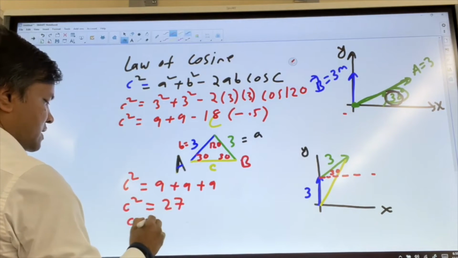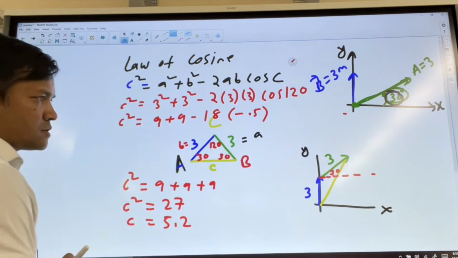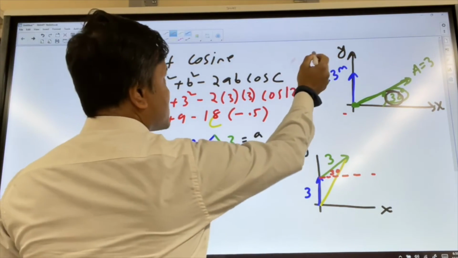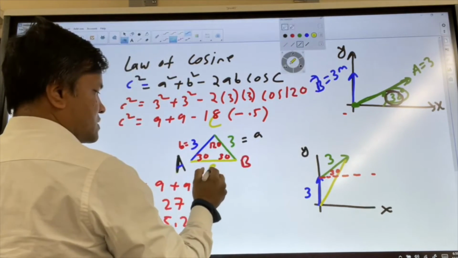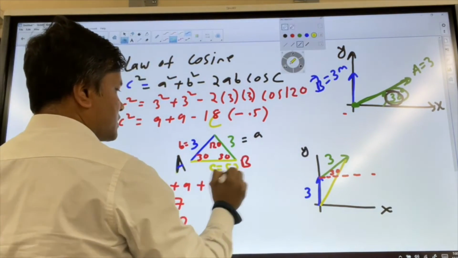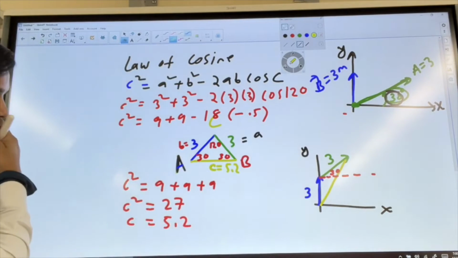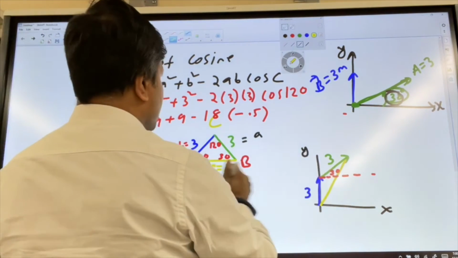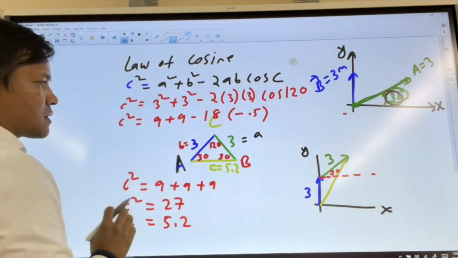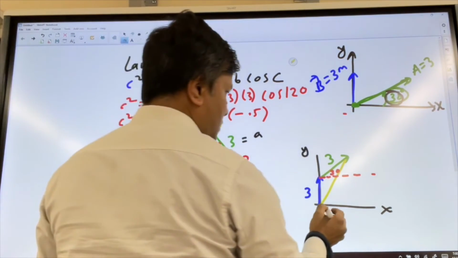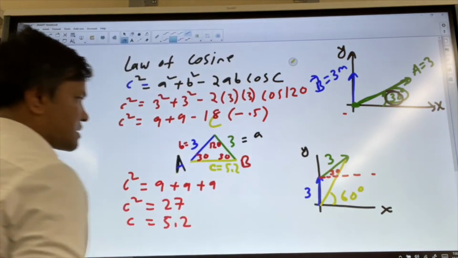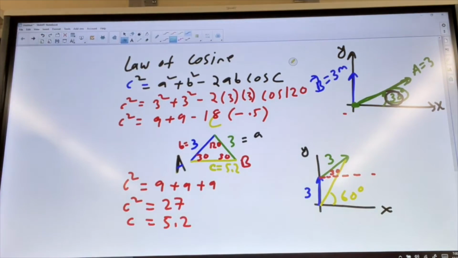So c is 5.2. Now we finally found c, which is the yellow one. So we found the resultant using law of cosine, and we already know the angle is 60 degrees. All right, very nice. Okay, good.